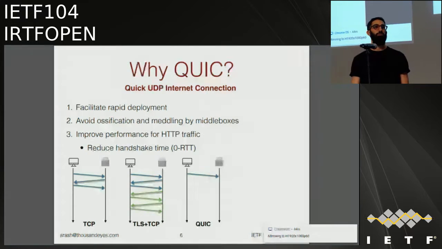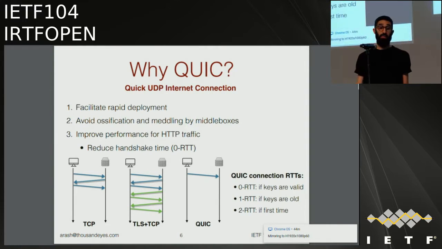QUIC tries to achieve zero RTT connection establishment. What that means is that you can start sending data from the very first packet. Obviously, that doesn't always work. You should have contacted the server before and have valid keys for zero RTT to work. If you don't, then it's going to be 1 or 2 RTTs. But after that, everything else is going to be zero RTT.